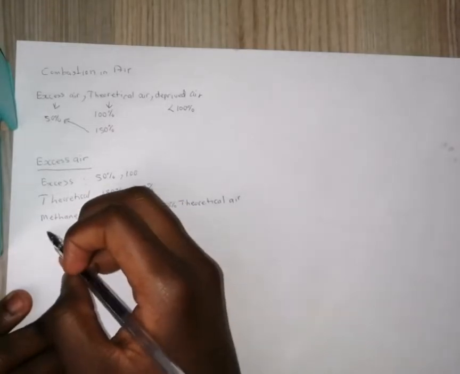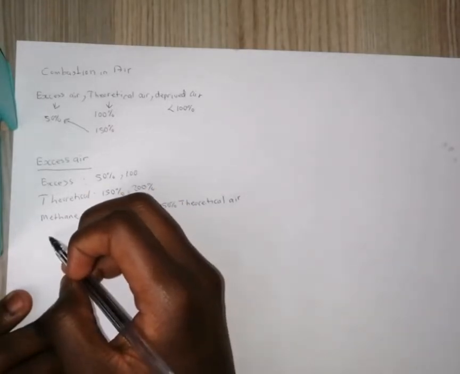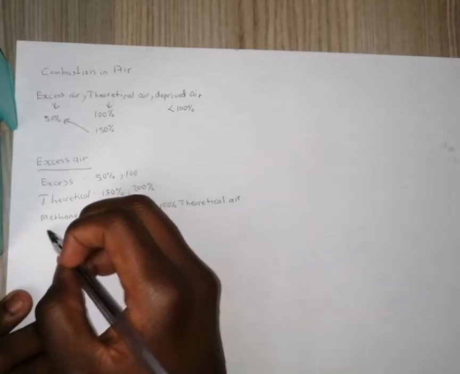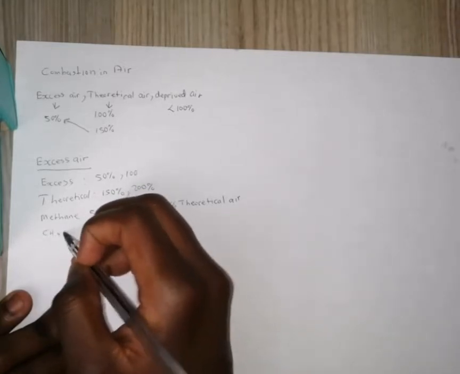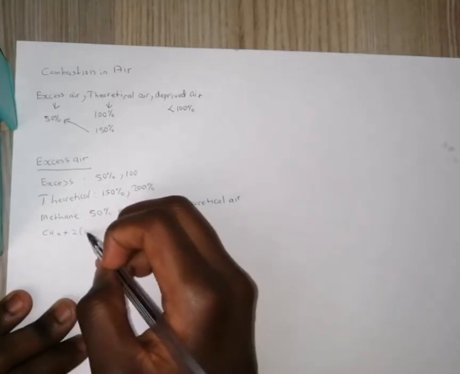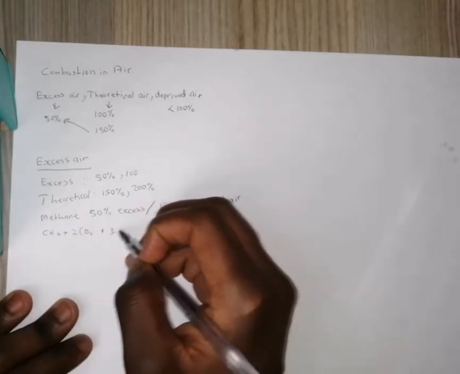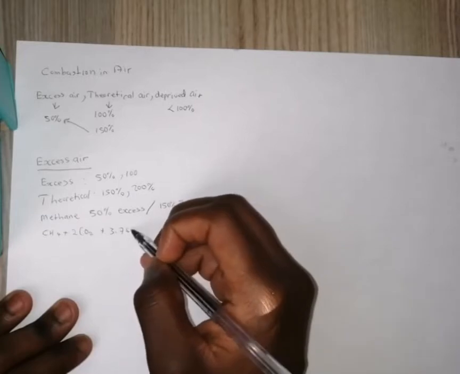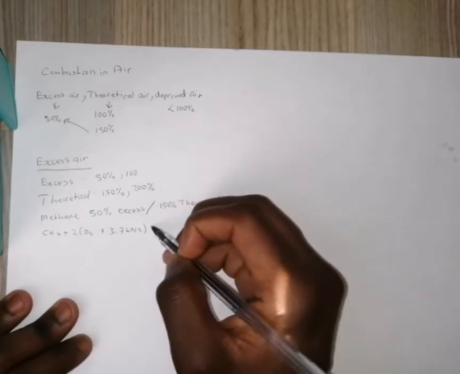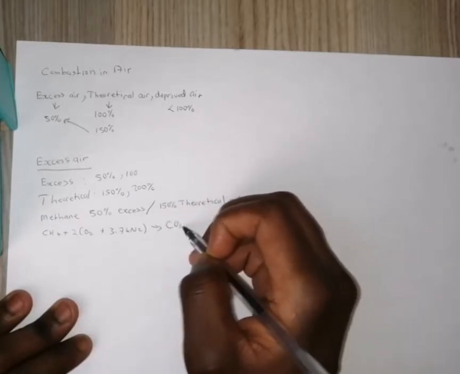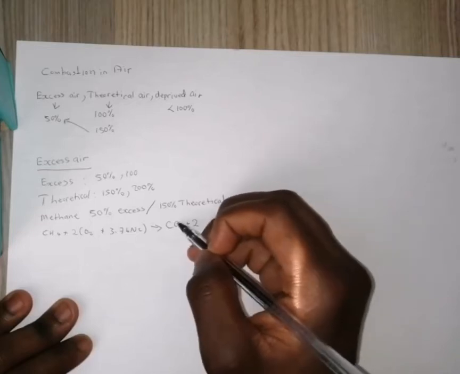First we start with the original equation. The original equation, like we had before, is CH4 plus 2(O2 + 3.76 N2).